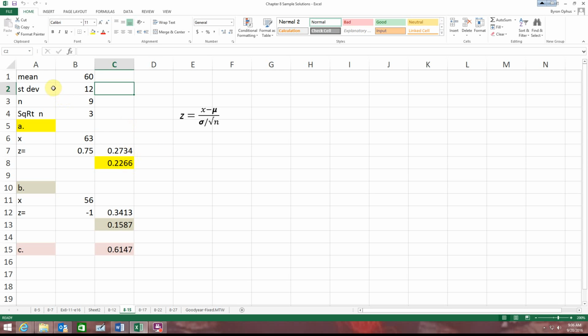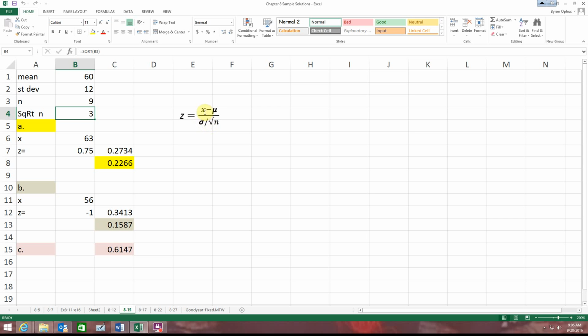Maybe let's take a look and see where we're at. I might be wrong, looking at my answer there. So we get a mean of 60. I put all my stuff in, my standard deviation of 12, my n, and my square root of n, because I've got to use this formula at the bottom of page 270, when we know the standard deviation.